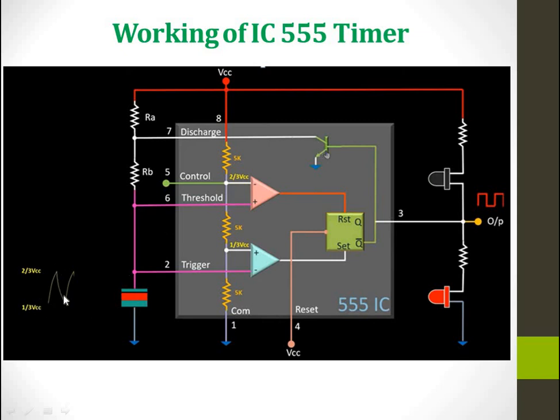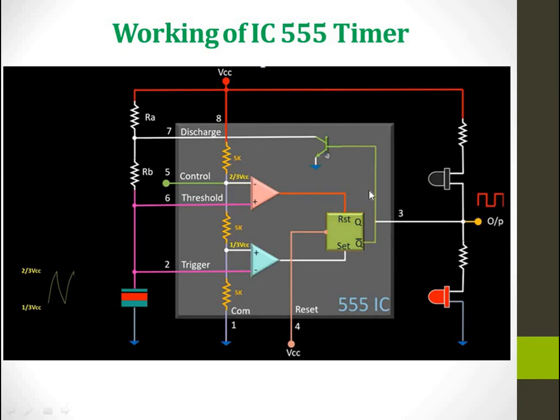So see here, this is the voltage across the capacitor. The lower level is 1 by 3 VCC, the higher level is 2 by 3 VCC. So your capacitor will charge and discharge between 1 by 3 VCC and 2 by 3 VCC, and this time period will be determined by these RA, RB points, right? So this is the way the 555 timer works.